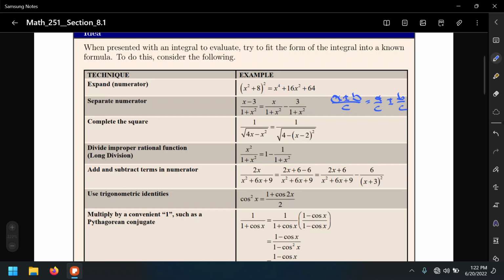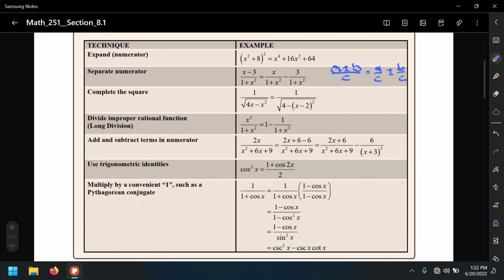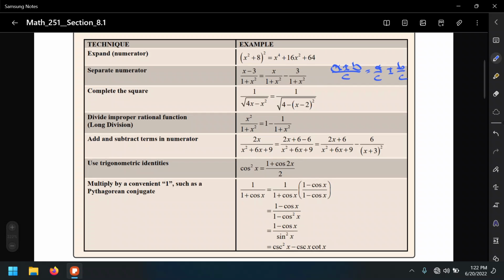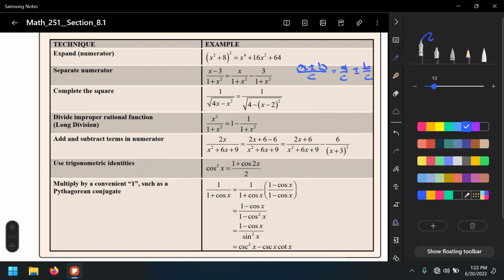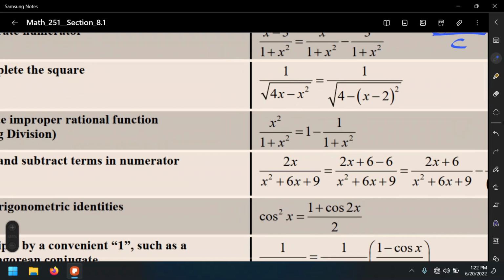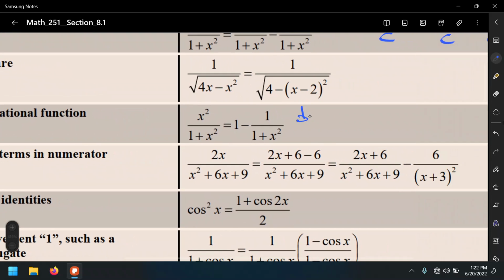Another one is when we have polynomial over polynomial, and the degree of the numerator is greater than or equal to that of the denominator. Let me write that as a note here. That's an important note: the degree of the numerator is greater than or equal to the degree in the denominator.